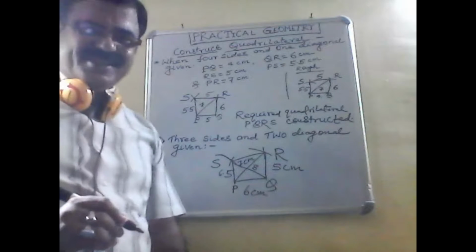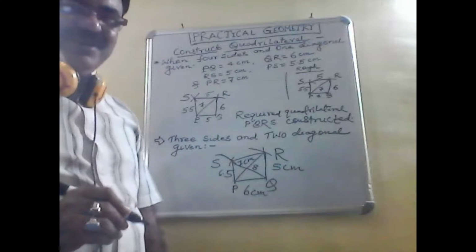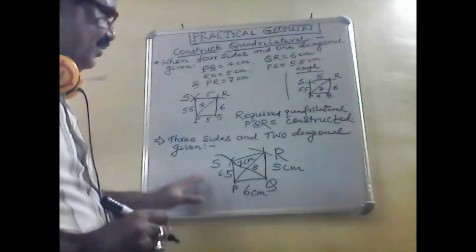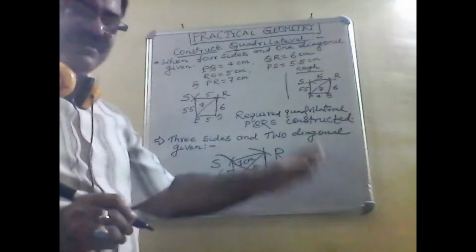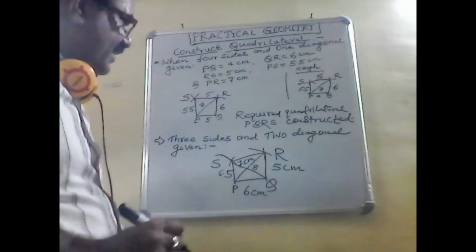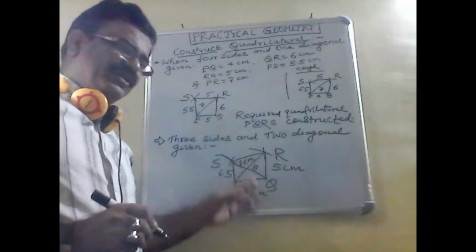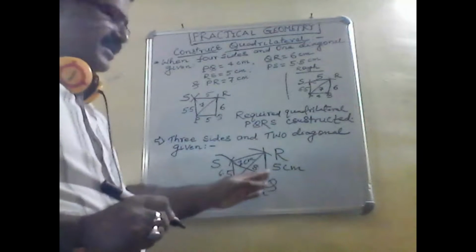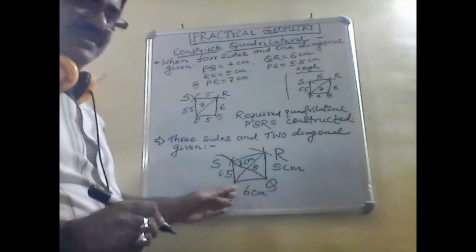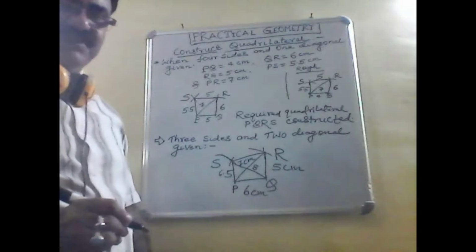In this practical geometry, I think nothing is difficult, only you take precautions that first of all you have to construct it in rough by drawing the sketch without any measurement. After that, by seeing the sketch which has been drawn, you take the measurement, you keep in view the accuracy, because in practical constructions accuracy is the fundamental part.